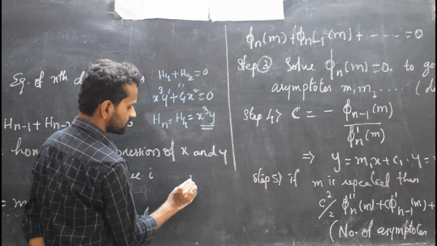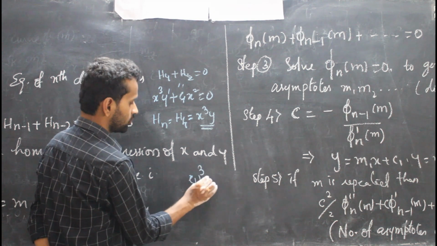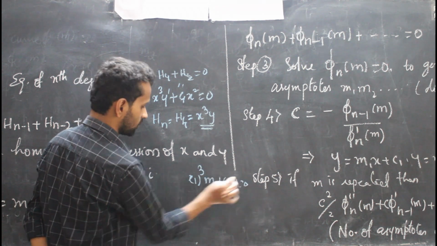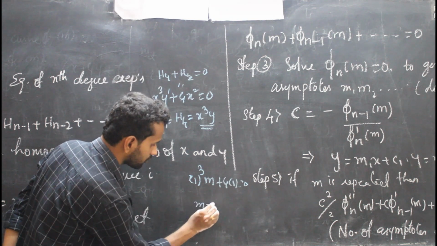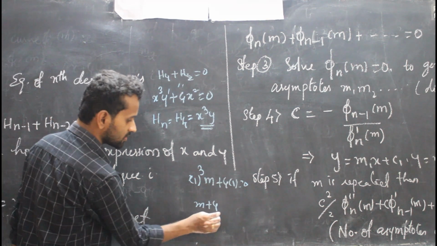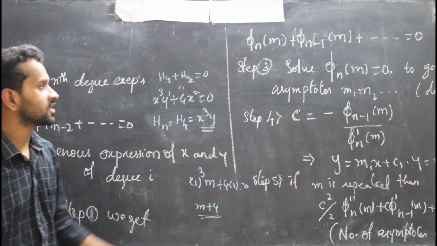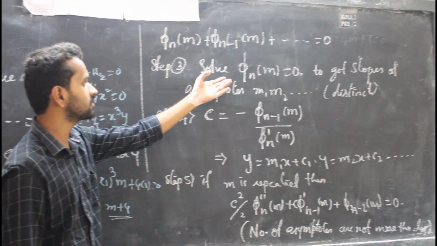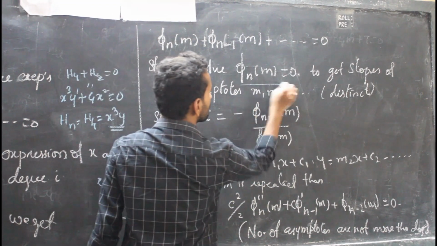This becomes 1 cube into m plus 4 into 1, equal to 0. This becomes m plus 4. You get m plus 4. So you will be getting an equation in terms of m. That's why I am setting that phi n of m. Now solve this phi n of m equal to 0.